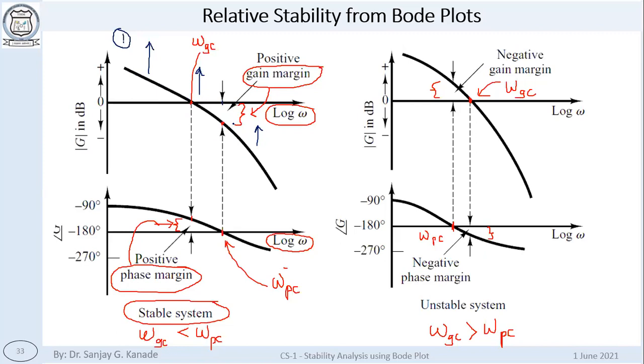When we increase the gain of the system by the amount of gain margin, the system will become marginally stable, or in other words, we are bringing the system to the verge of instability.